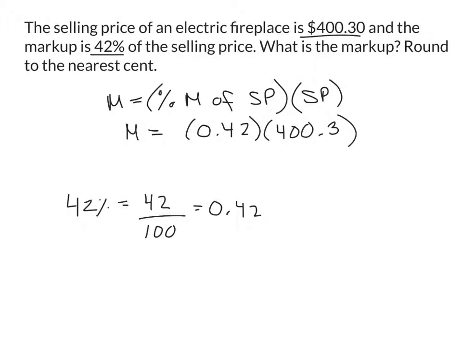And when we multiply those two values together, we get a markup of 168.126, and we want to round to 2 decimal places, or the nearest cent. So our final answer is $168.13.